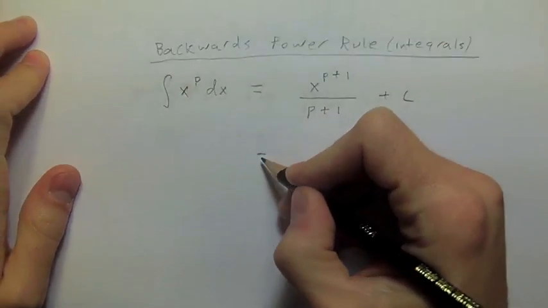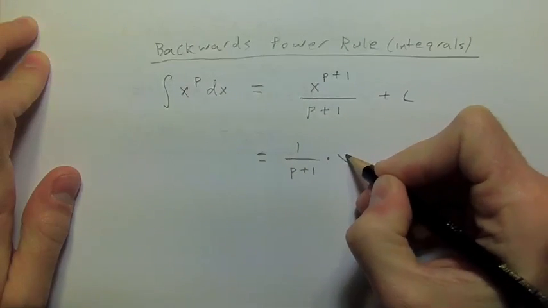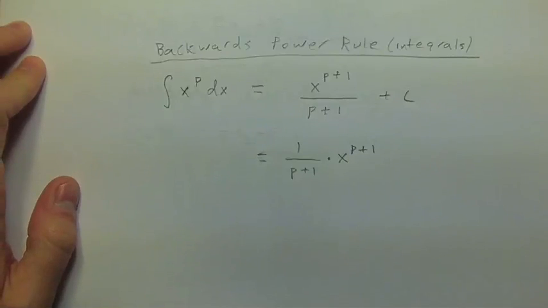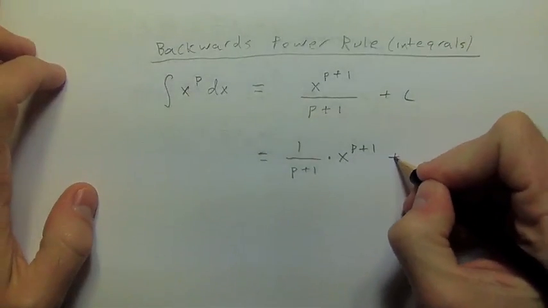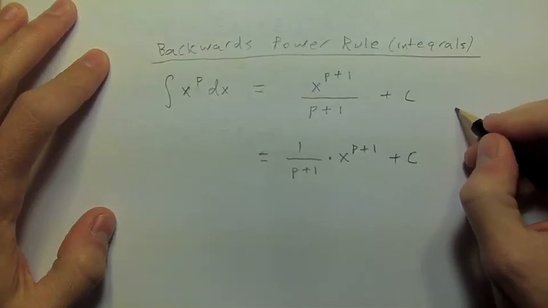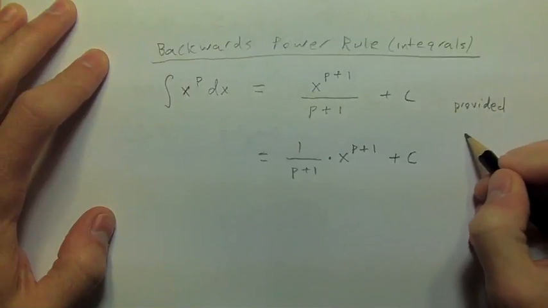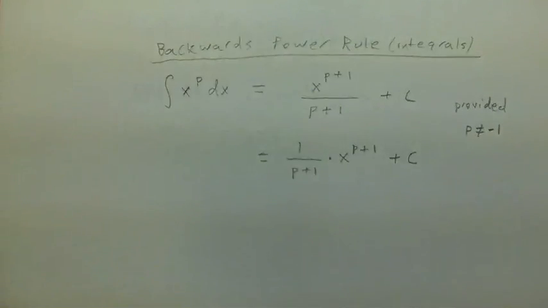You'll also see this written as 1 over p plus 1 times x to the p plus 1. That's how we were writing it with a fraction on the outside. Doesn't really matter. And don't forget your plus c. And I'll say this is true provided p does not equal -1.